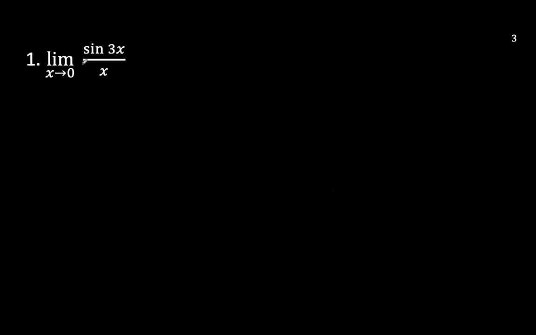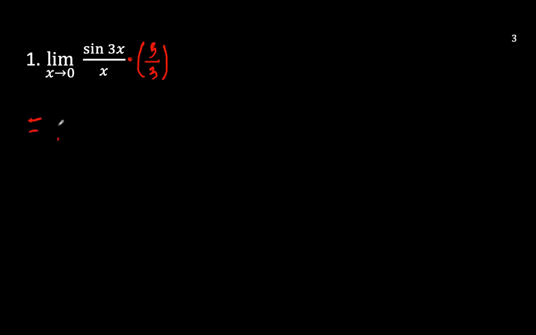The limit of sine 3x over x as x approaches 0. In this case, we need to make sure that the denominator is the same as the angle measure of the given trigonometric function. So for us to apply the theorem, the denominator should be 3x. For it to be 3x, we lack 3 on the denominator. So what we need to do is multiply the given expression sine 3x over x by 3 over 3, which is the same as multiplying it by 1.